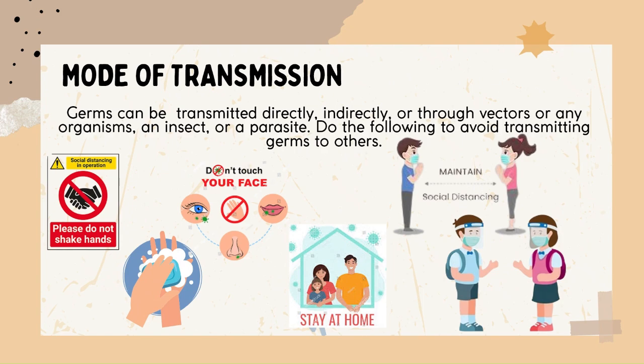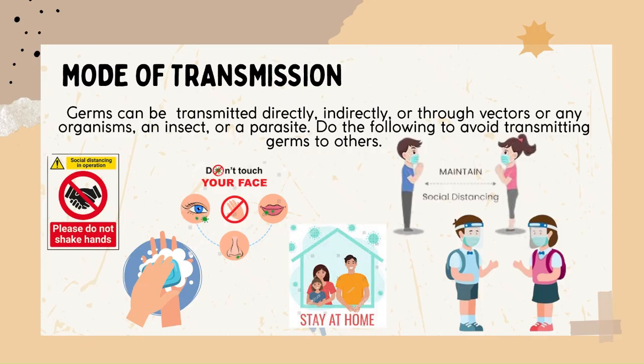The next one is mode of transmission. This is how germs travel. Germs can be transmitted directly, indirectly, or through vectors or other organisms like an insect or a parasite. So let's do the following so we can stop the spread by practicing good habits.